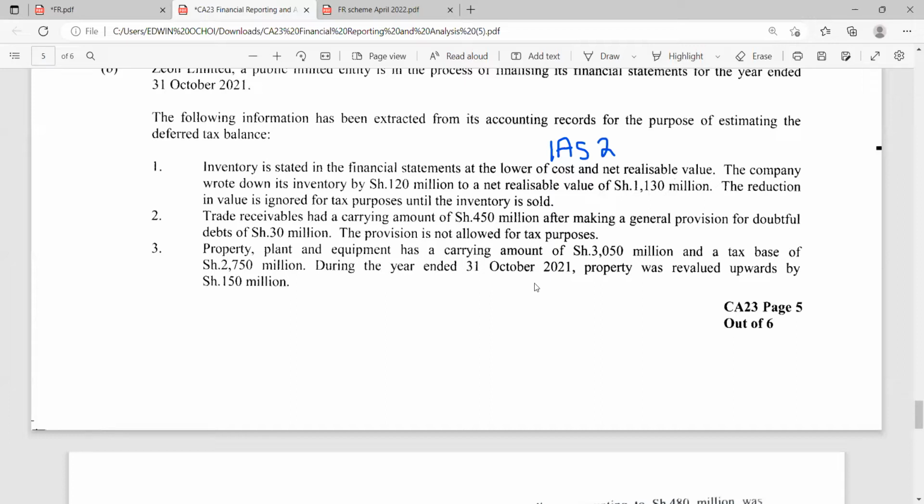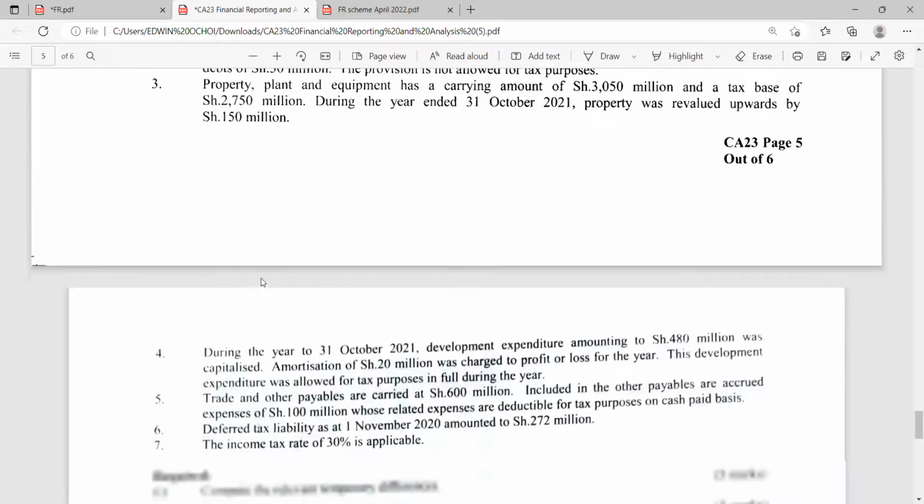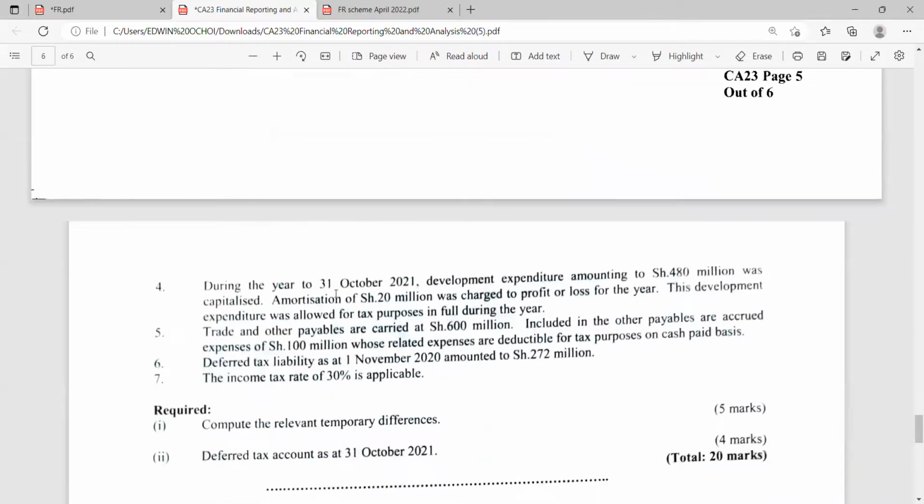During the year ended 31st October 2021, the property was revalued upwards by 150. Number 4, during the year to 31st October 2021, development expenditure amounting to 480 million was capitalized. Amortization of shillings 20 million was charged to profit or loss for the year. This development expenditure was allowed for tax purposes in full during the year.